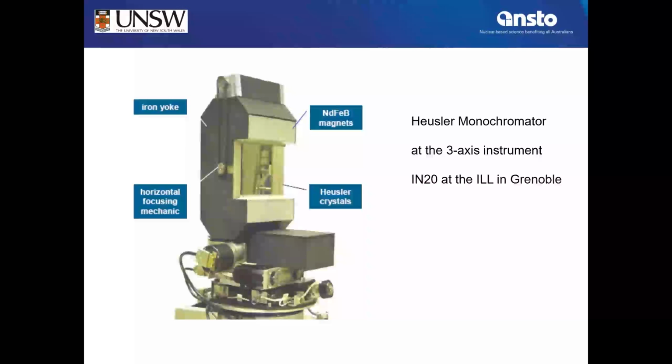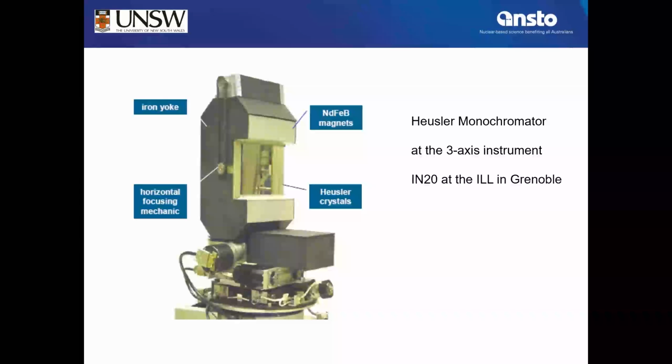This is how it would look like. This is actually a picture of the Heusler monochromator at IN20 in Grenoble. How that looks like at UNSW, please ask Andrew Manning, and Andrew is actually in the audience. I've seen his name popping up. He gave a talk about polarized neutrons, I think 2 years ago.